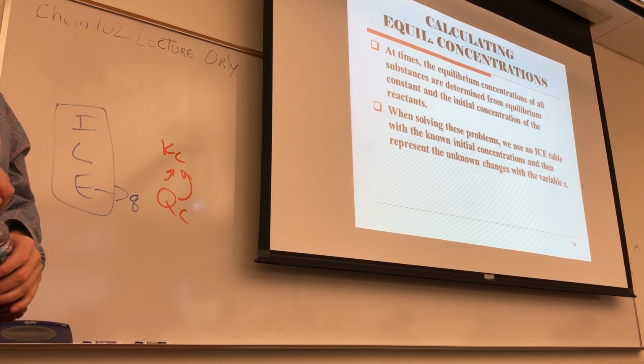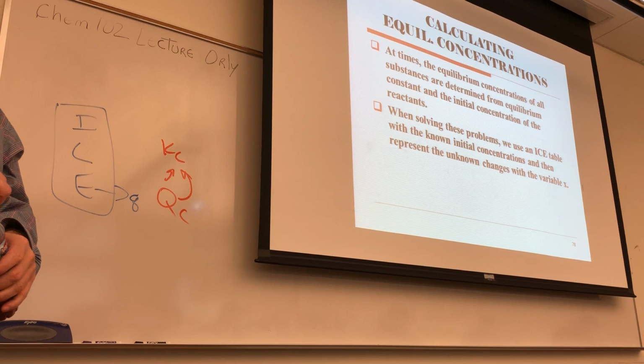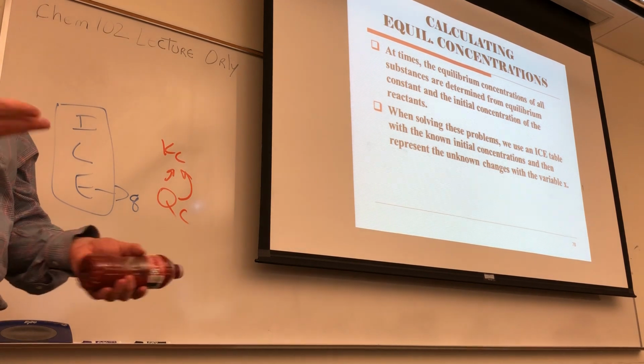What if we don't know what the actual change is? Then we could use a variable. We could just call it x: minus x, plus 2x, minus 2x, whatever.